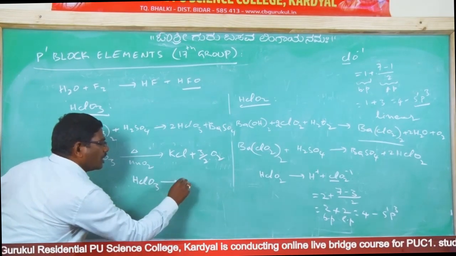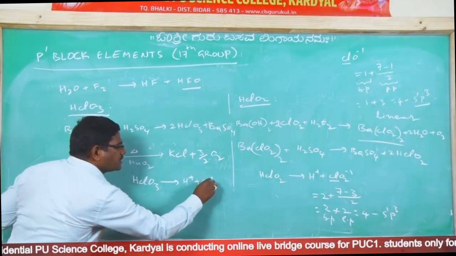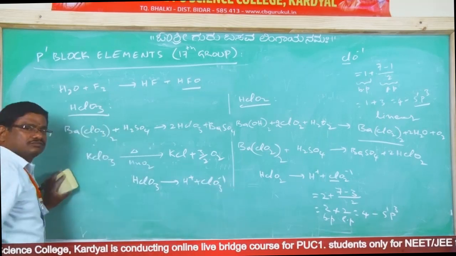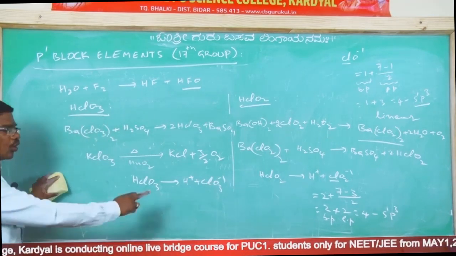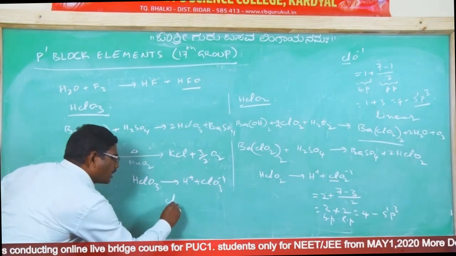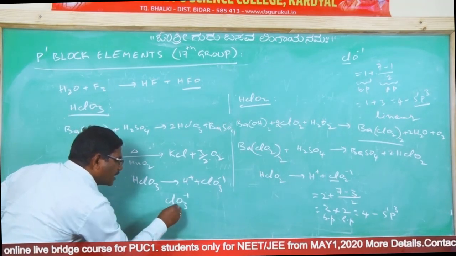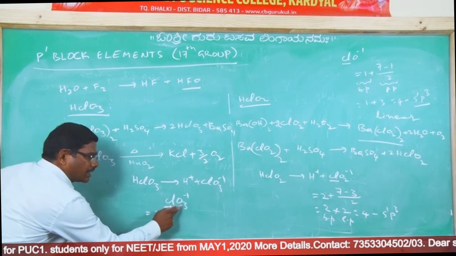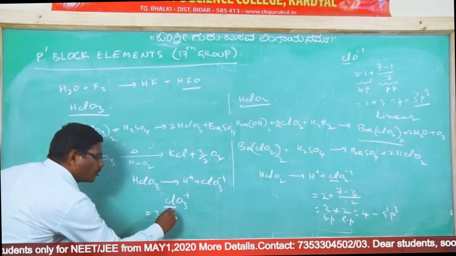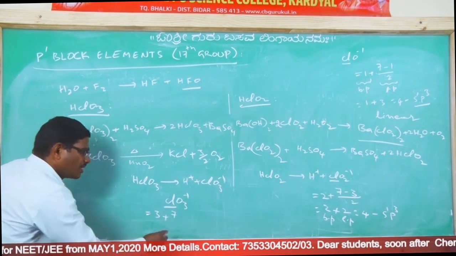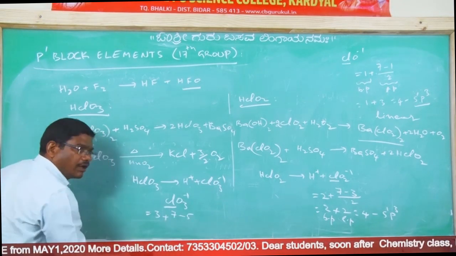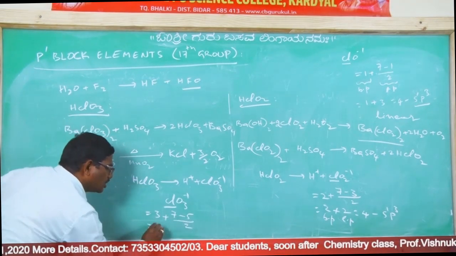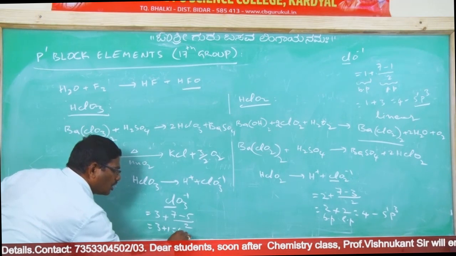Now this chloric acid, HClO3, ionizes to H plus and ClO3 minus, the chlorate ion. Now in chlorate, the central atom is chlorine again. Around the central atom 3 atoms are attached, the group number of chlorine is 7, the oxidation number of chlorine is 5, divided by 2. Therefore 3 plus 1, total 4.